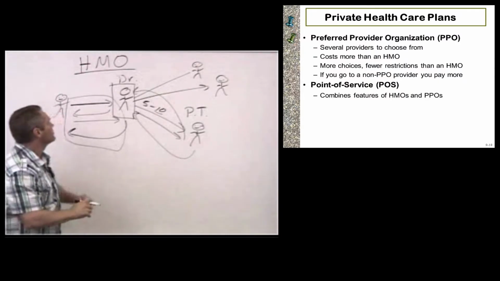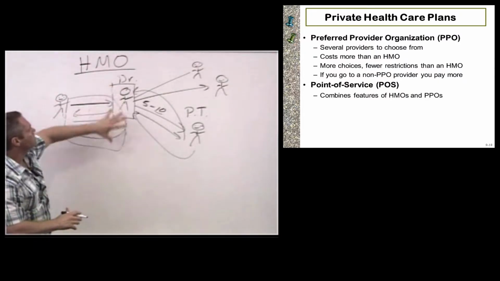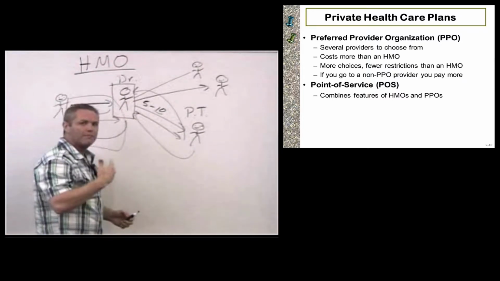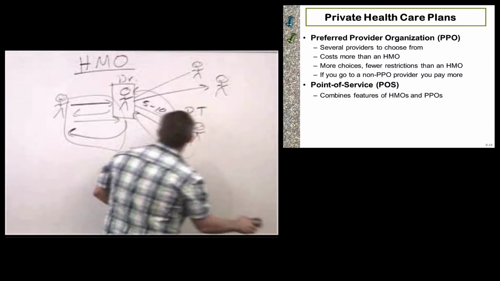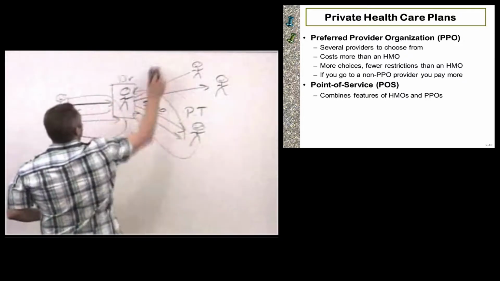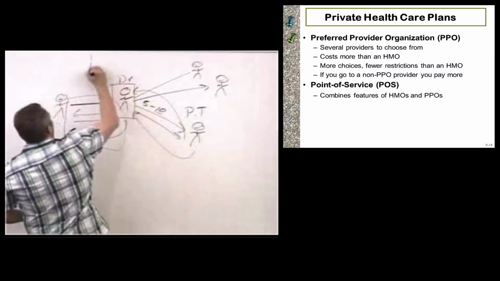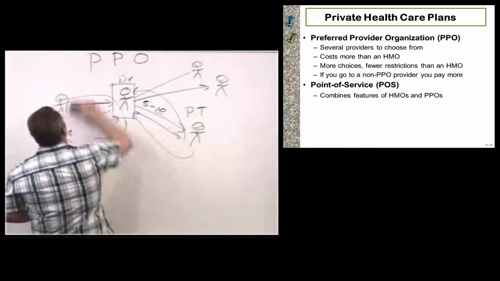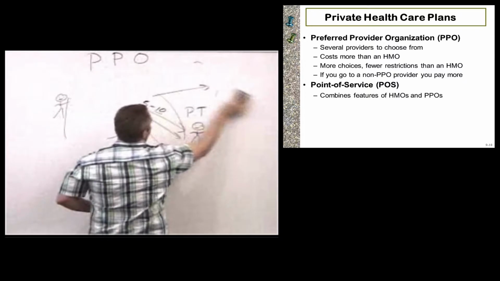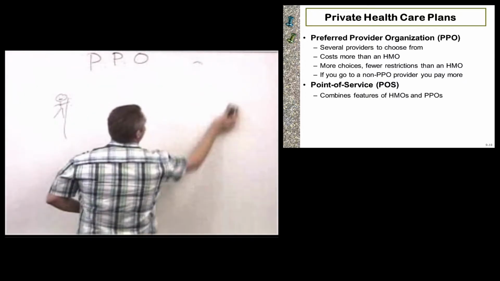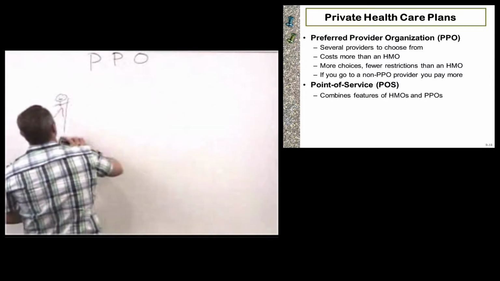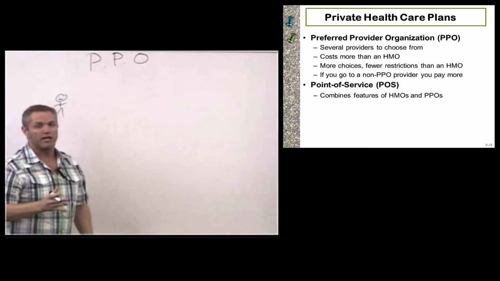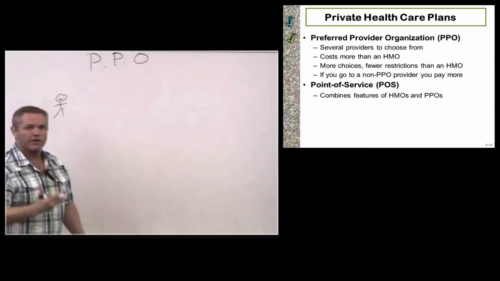And so this system is one of the least expensive out there, versus what is called a PPO. A PPO, the Preferred Provider Organization, does not have a gatekeeper. You still have an assigned primary physician who actually does get paid more money to see you than an HMO.